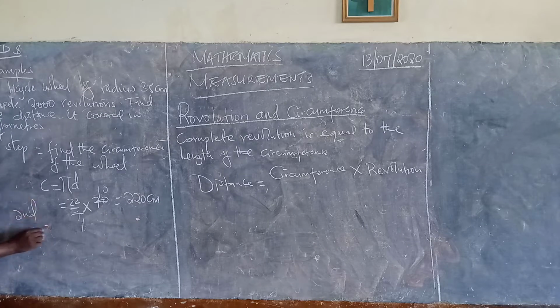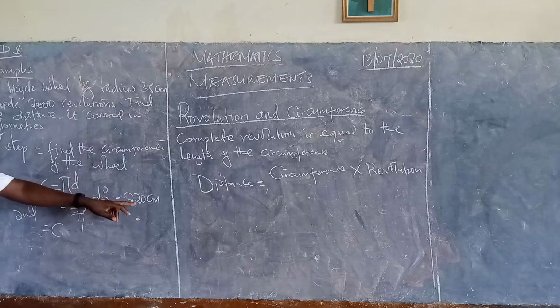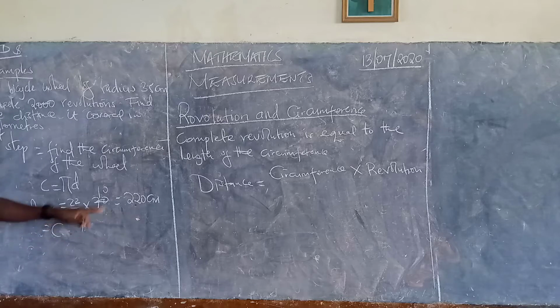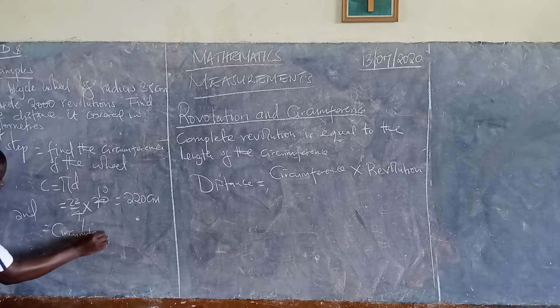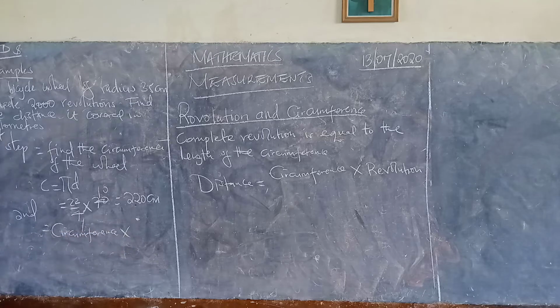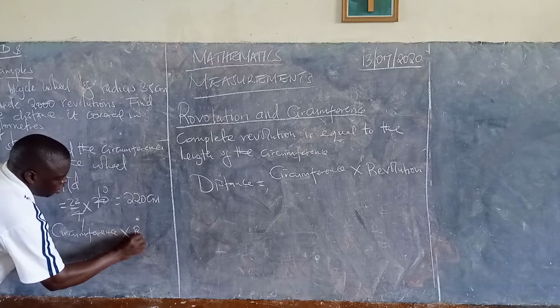Step number 2. Take the circumference, then multiply by the number of revolutions.